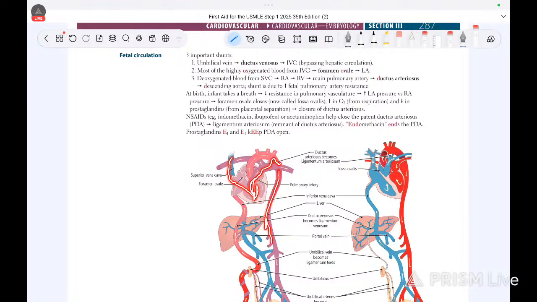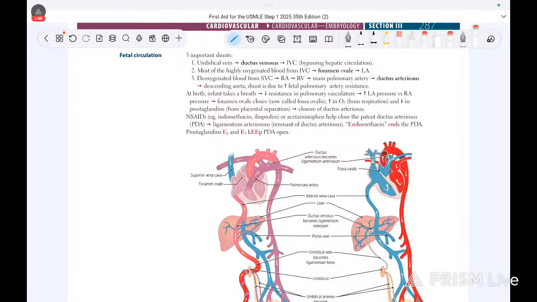It is because there is increased pulmonary artery resistance in the fetus. So instead of going this side mainly, it goes this side. This side is very resistant, so it goes to the systemic circulation. So mostly there is mixed blood only.